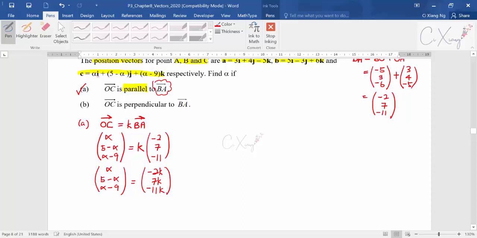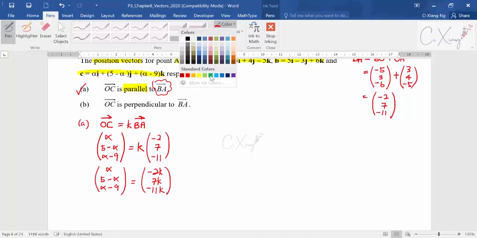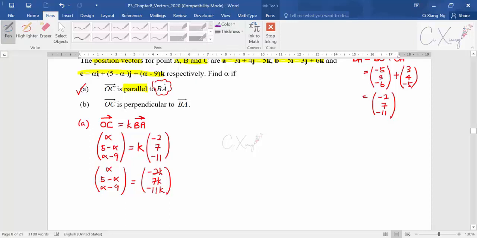So in this question, they want you to find out alpha, right? Okay, so to find alpha, you can see that there are two unknowns here, alpha and k. So to solve for two unknowns, you need two equations. You have more than enough here because for the x component, you compare it with the x component.